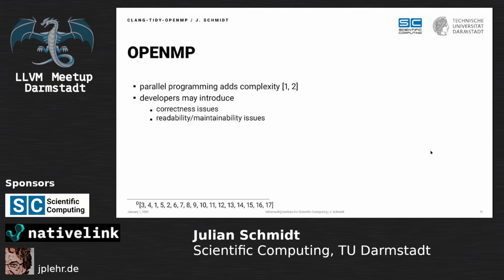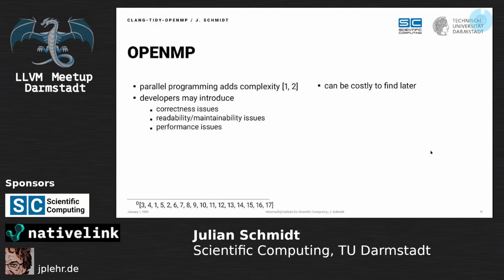For example, there could be some implicit behavior that we might want to make explicit, for example, data sharing, which also could help with correctness. And then we have performance issues which could be introduced. So yeah, there are a few things we can take a look at.